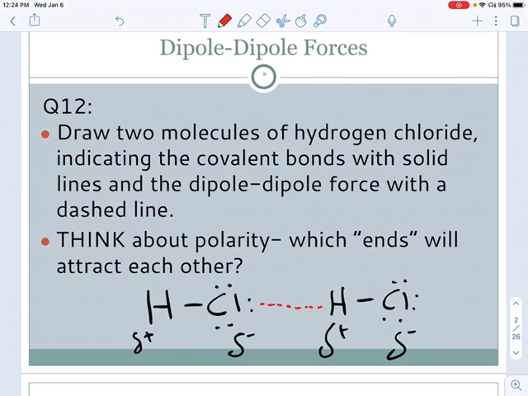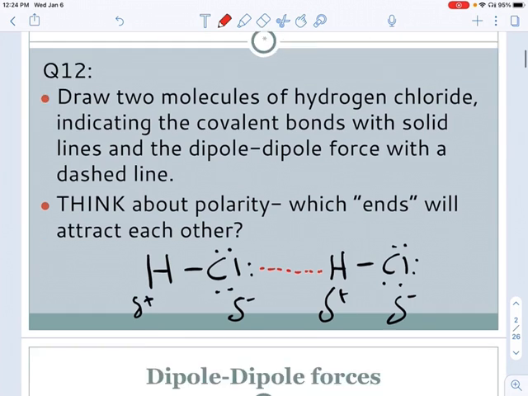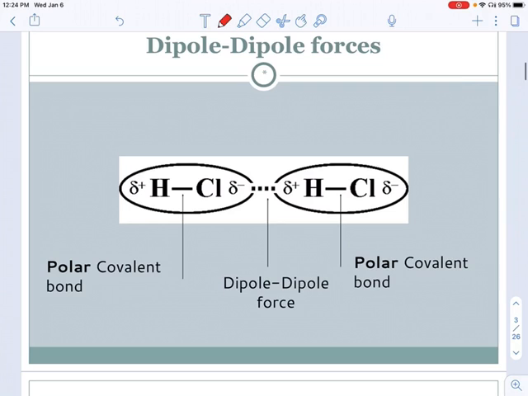And this dashed line here represents a dipole-dipole force. That's shown here as well. We have a dipole-dipole force between a chlorine and a hydrogen in neighboring molecules. We don't want to confuse our dipole-dipole force, which is an intermolecular force, with our polar covalent bonds.